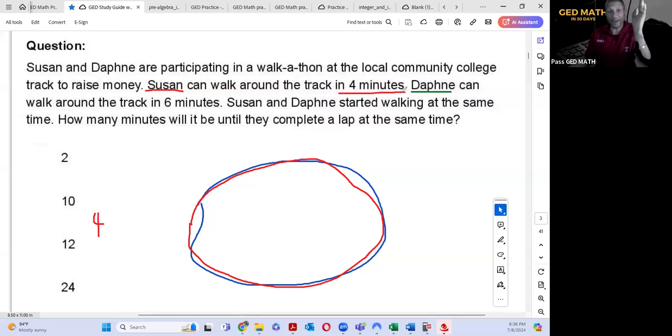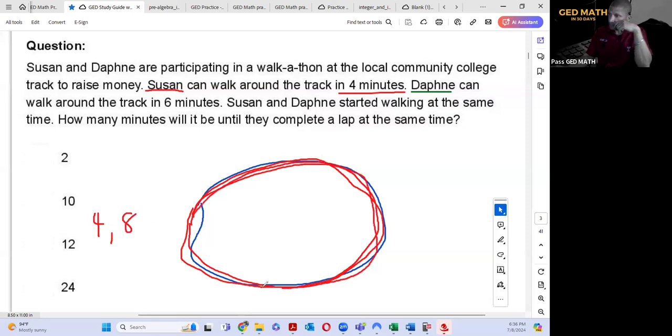Remember, identify what you're given. She walks around again, 8. She walks around again, 12. Remember I told you math is about patterns. These are multiples of 4: 4, 8, 12, 16, 20, 24, 28, 32. At a consistent pace, she does the full track in 4 minutes.